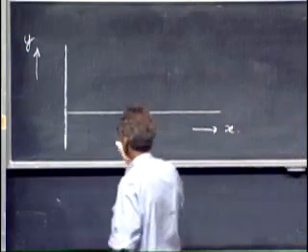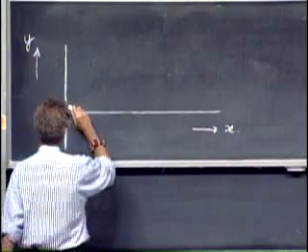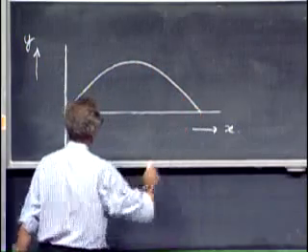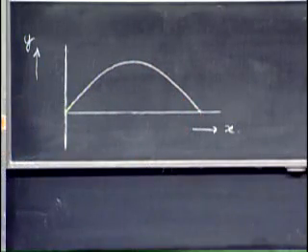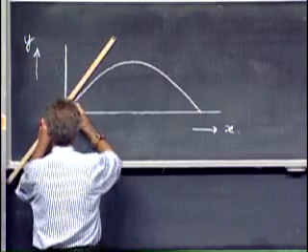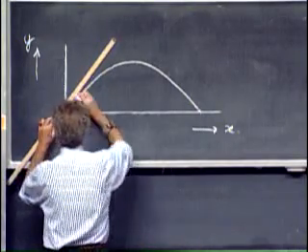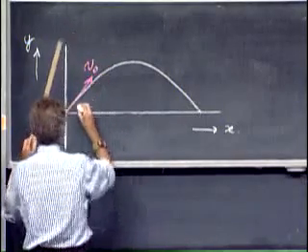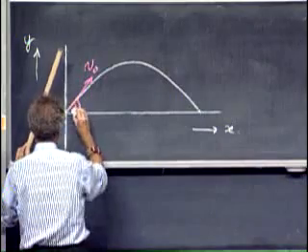I throw up an object at a certain angle, and I see a motion like this. Boing, and it comes back to the ground. My initial speed when I threw it was v0, and the angle here is alpha.